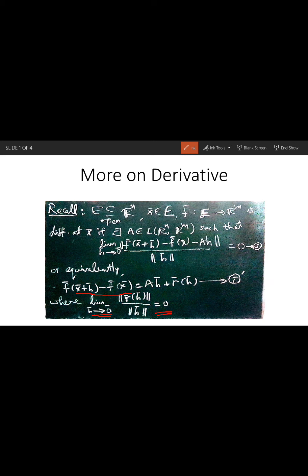Now why does f of x plus h minus f of x tend to 0? Because f of x plus h minus f of x is actually ah plus r of h, and a is a linear transformation, and we have shown that linear transformations are continuous. Why is a linear transformation continuous? Because you have the fundamental inequality norm of ax is less than or equal to norm a into norm x.